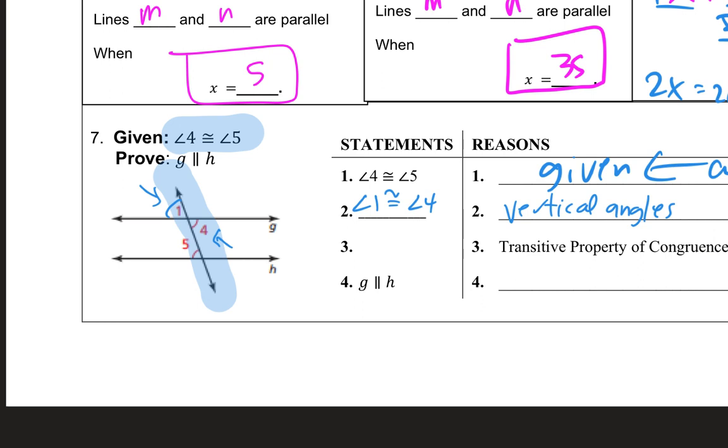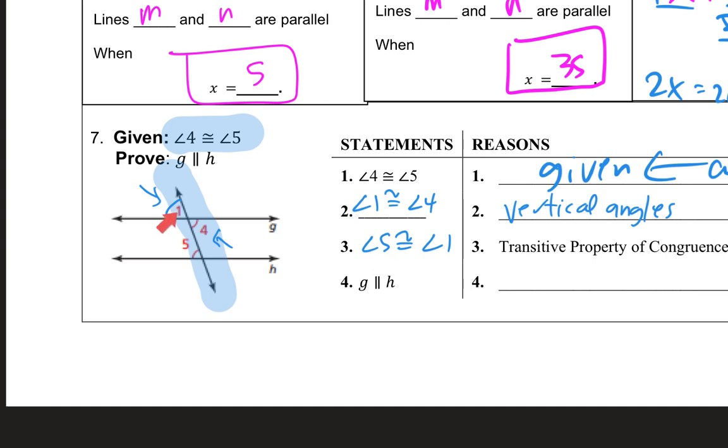Remember, transitive means if 5 is congruent with 4 and 4 is congruent with 1, then that tells us that angle 5 is also congruent with angle 1, right? That's our transitive property.